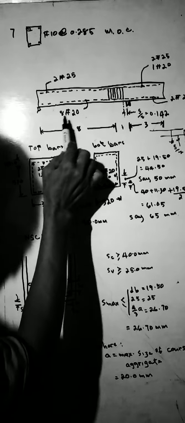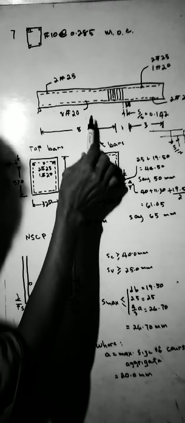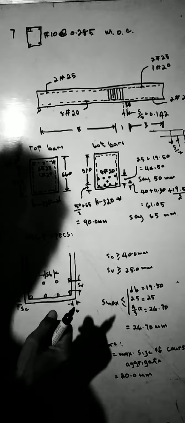And this is the bottom bar, 8 of number 20. So that is the placing of the stirrups and the reinforcing bars.